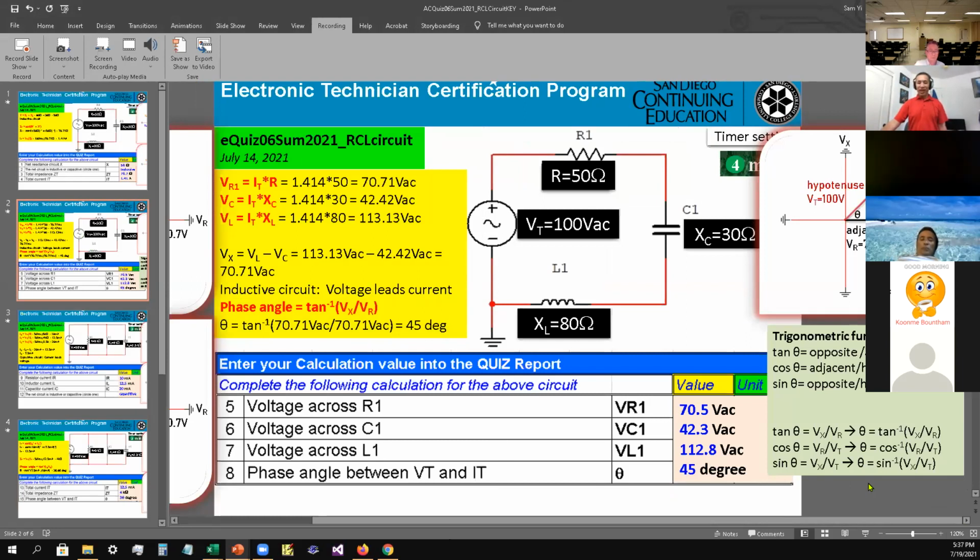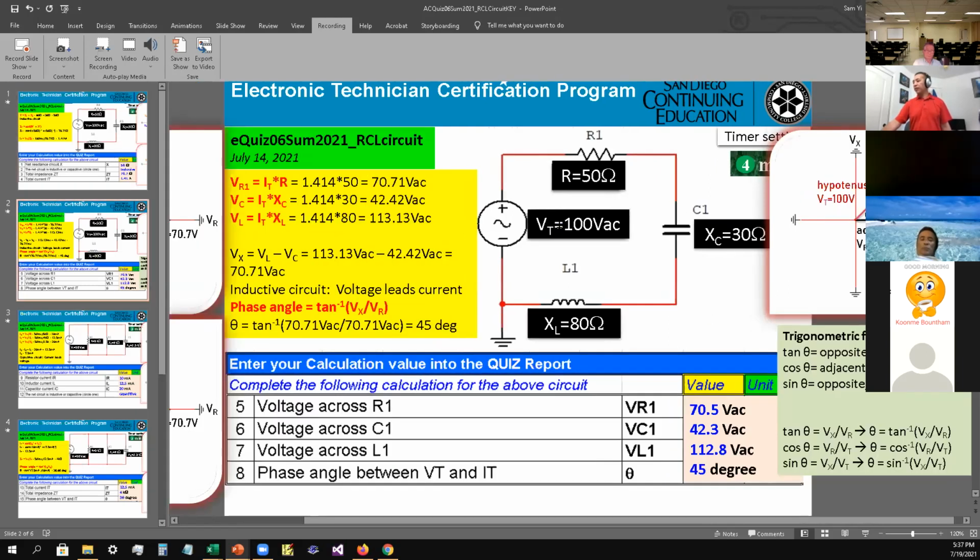Well, if you got 45 too, good for you. But did you follow the logic that we went through to find out how this came about? It's just the same thing as this one right here. I'm just translating from here to the graph.